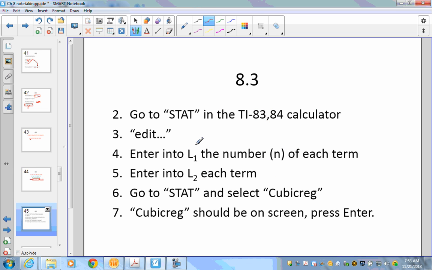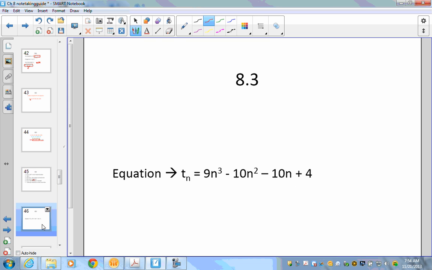Go to stat, then edit. In L1, you put in all your n's 1 through 6, and in L2 you put each term of your sequence. Then go to stat, then calculate. I forgot to put that in here. Go to stat, then calculate, and then cubic regression.